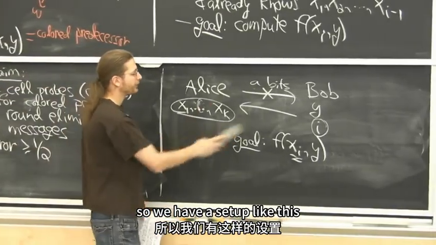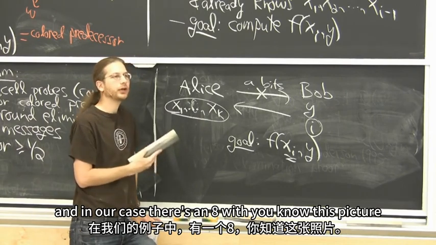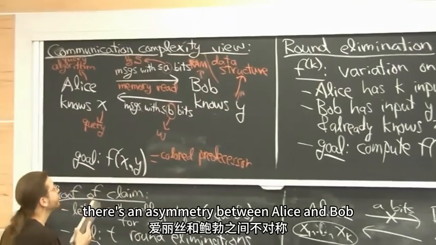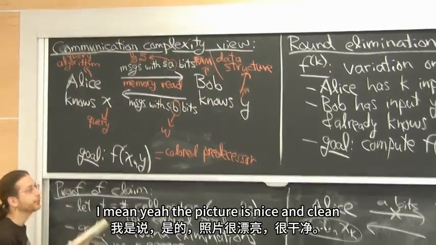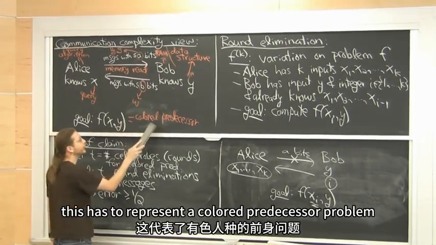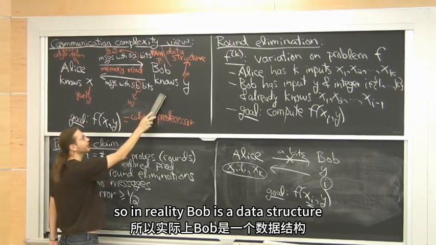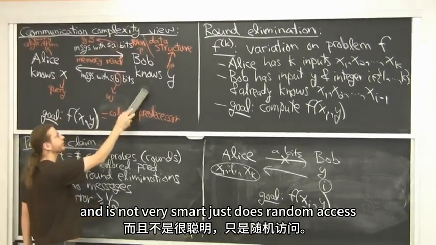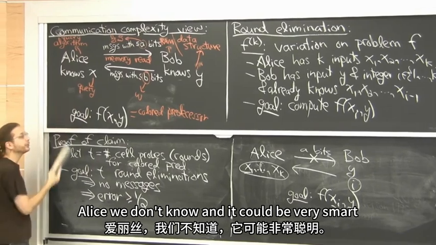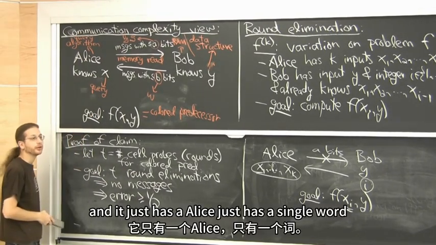So we have a setup like this, and in our case there's an asymmetry between Alice and Bob. The picture is nice and clean, but in reality it has to represent a colored predecessor problem. Bob is a data structure, not very smart, just doing random access. Alice, we don't know, could be very smart, and Alice just has a single word.